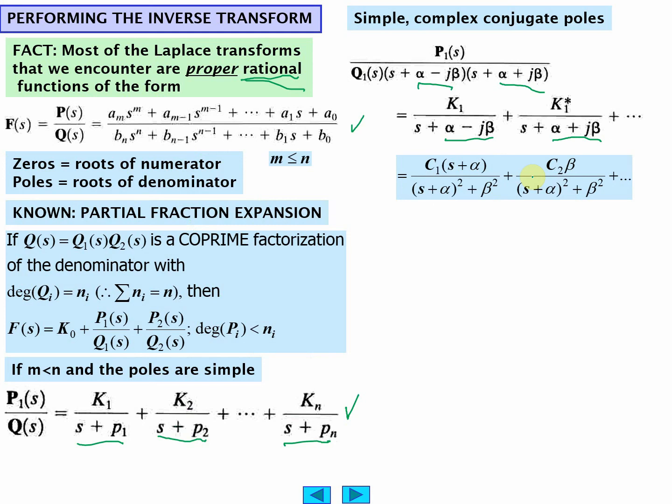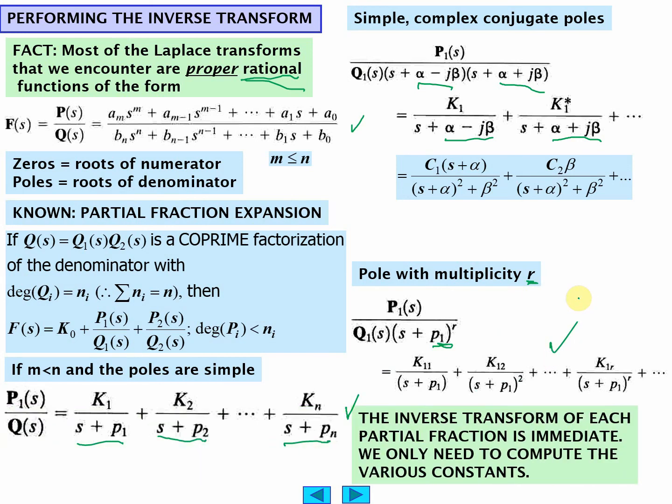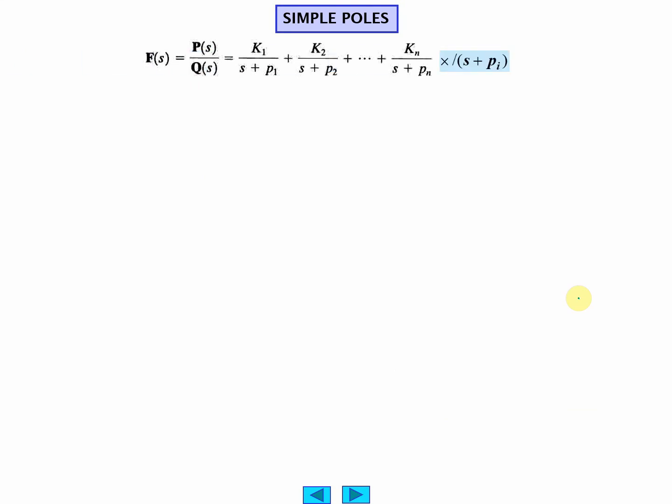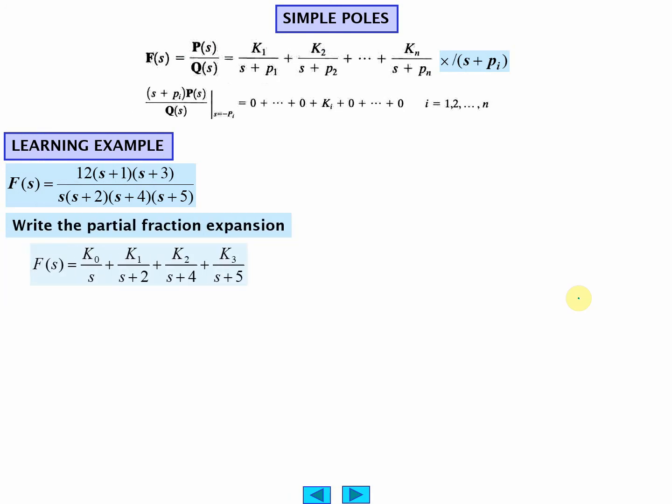Then we put it all together. If you have the same pole several times, the form looks like this. So we can expand it into its partial fractions.